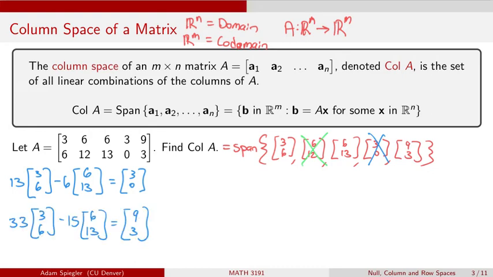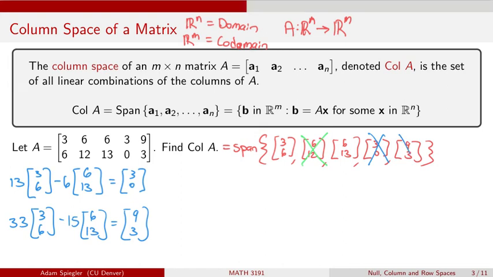And similarly, we can show that this last vector (9, 3) is a linear combination of (3, 6) and (6, 13). I can take 33 times (3, 6) minus 15 times the vector (6, 13), and that gives me (9, 3). And if you're curious where I found this information, I put a link to a Google Colab notebook where I did these calculations in the description of this video if you want to check my work.